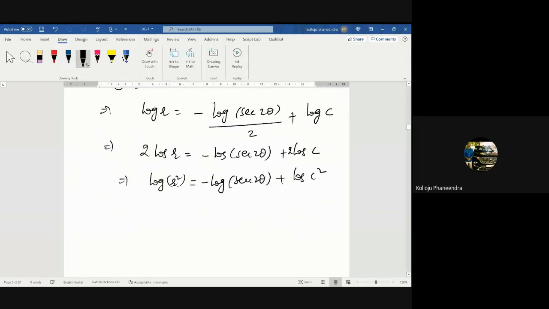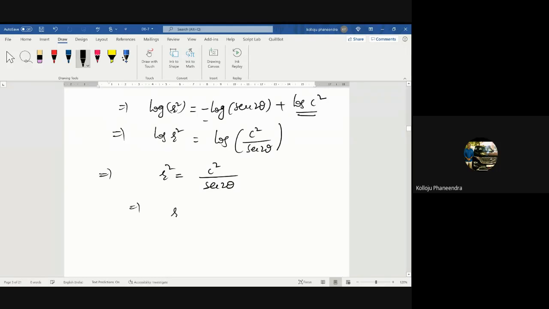So log r square equal to log m minus log n, log m by n, c square by secant 2 theta. So r square equal to c square by secant 2 theta, that is nothing but r square equal to c square into cosine 2 theta.